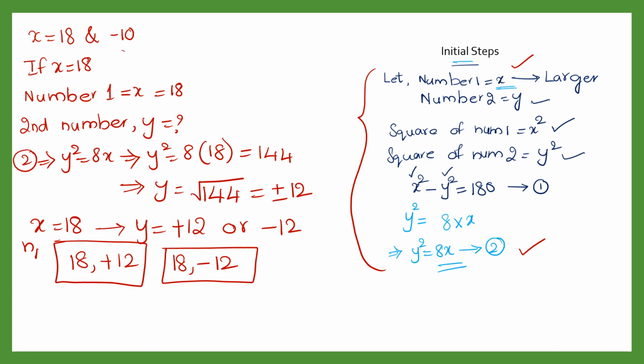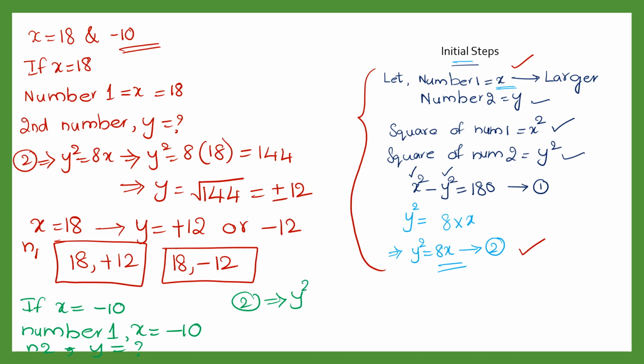You have another root, that is x is equal to minus 10. So if x is equal to minus 10, what will be number 1? Number 1 is x, that is minus 10. What is number 2? Number 2 is y, that is equal to question mark. Second equation is y square is equal to 8x.